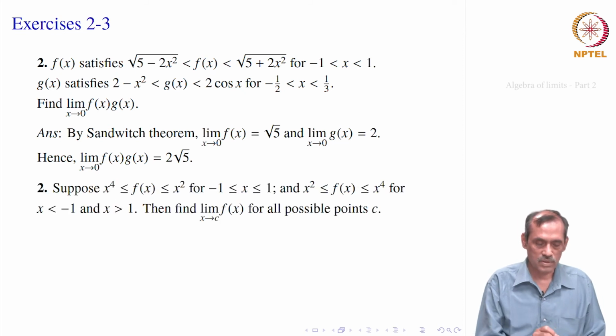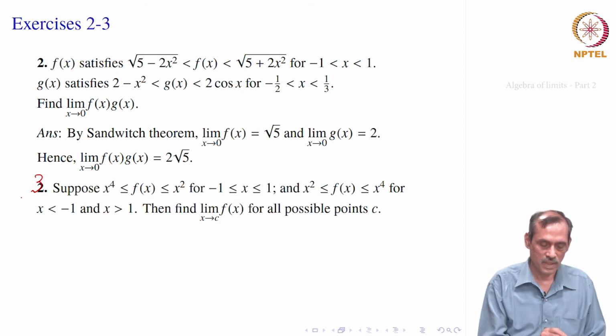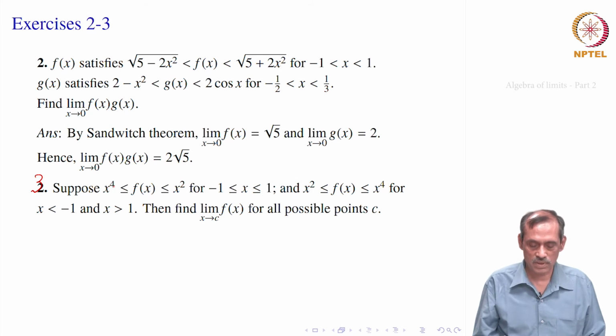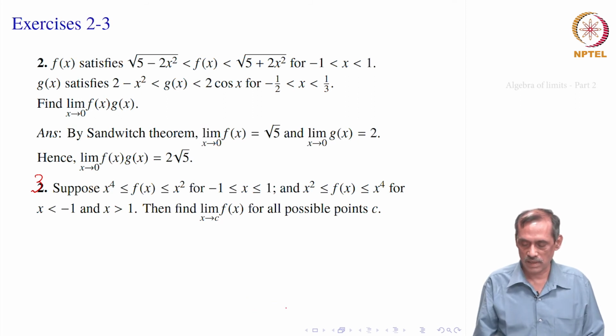Okay. So, now this third problem says suppose x fourth is less than or equal to f x, which is less than or equal to x square, again in the interval minus 1 to 1, but now it is the closed interval minus 1 to 1. So, this inequality is satisfied in this interval.